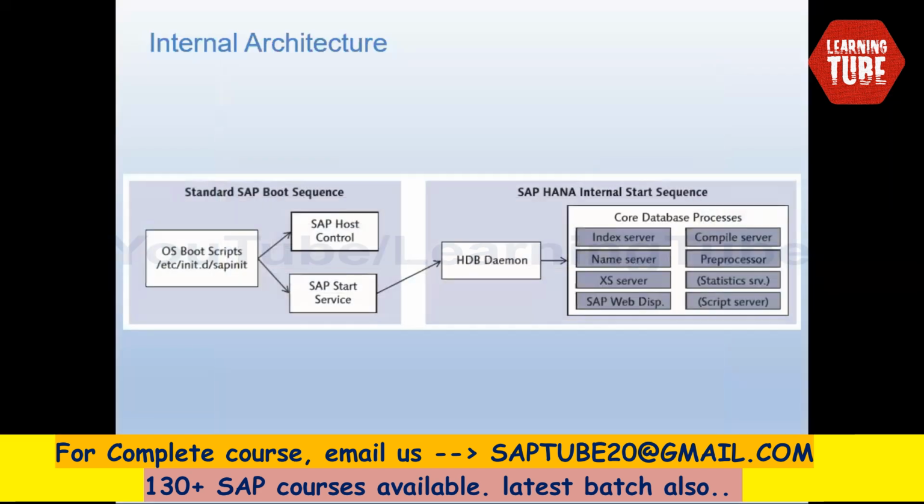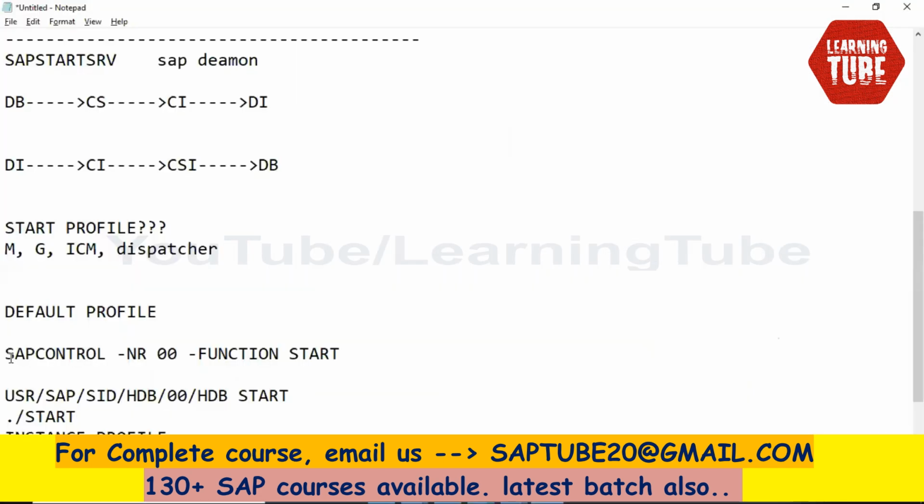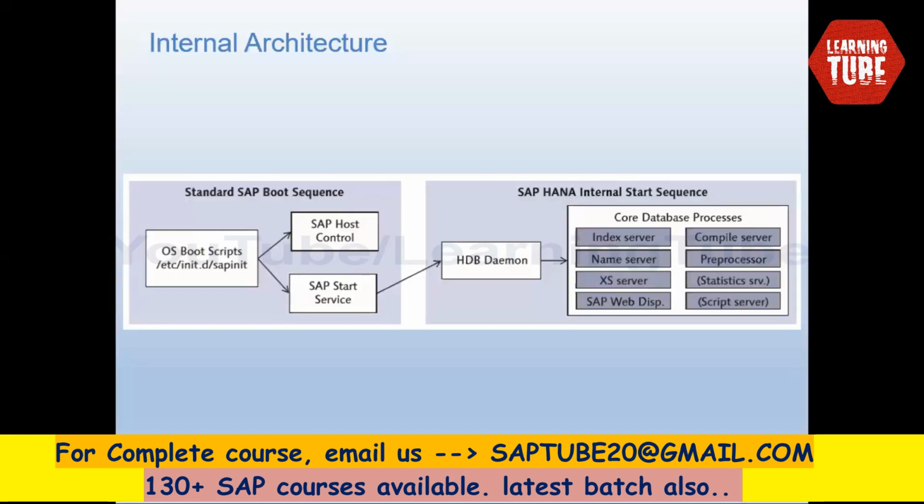So what is the sequence here? See this carefully, all of you. Standard SAP boot sequence, SAP HANA internal start sequence. Once you execute the script, sapcontrol -nr with so-and-so function, that script will get executed. SAP host control and SAP start service will be there.